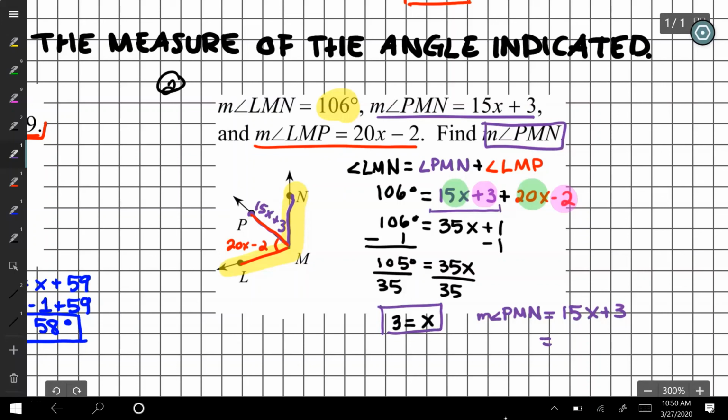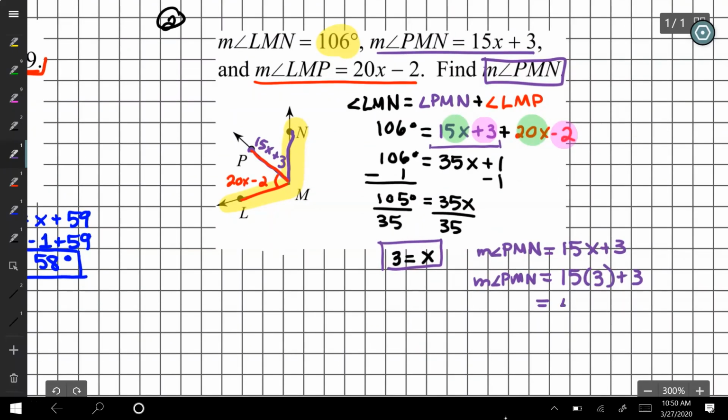So instead of 15 times x, I'm going to have 15 times 3 plus 3. Bring down my measure of angle PMN. So 15 times 3 is 45 plus 3. 45 plus 3 is 48. So the measure of angle PMN is 48 degrees.